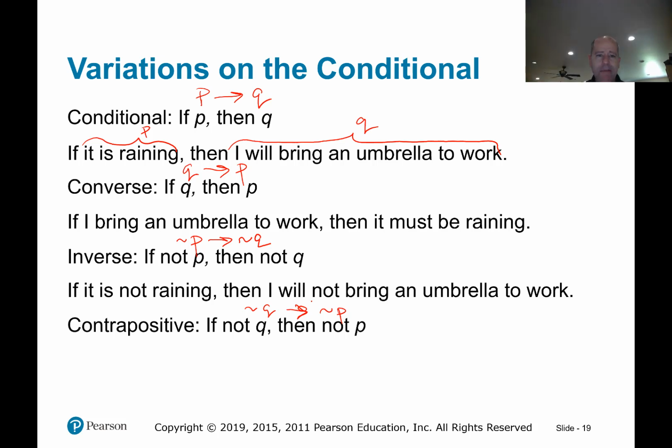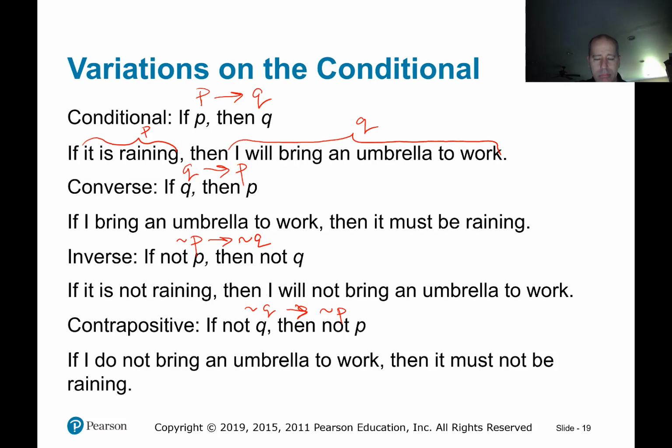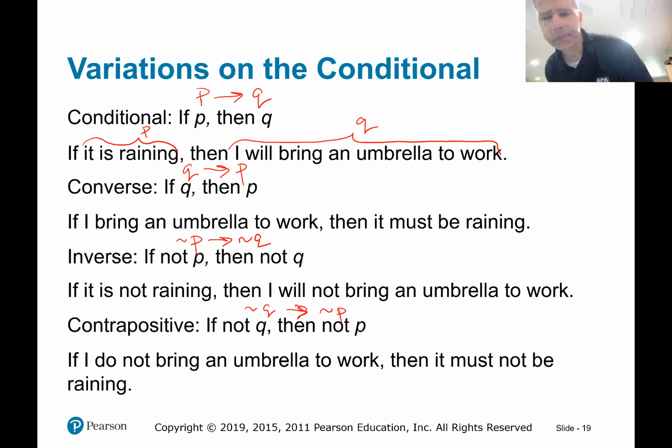If I do not bring an umbrella to work, then it must not be raining. And that's it. So make sure you know how to write these in English and also write them symbolically.